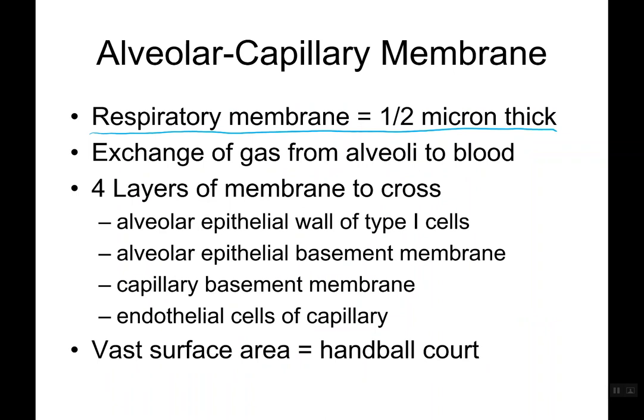And there are 4 layers of membrane to cross, which include the epithelial wall of type 1 cells, the basement membrane of the alveolus, the basement membrane of the capillary, and the endothelial cell of the capillary. So all of these make a big sandwich, which is about 0.5 microns thick.